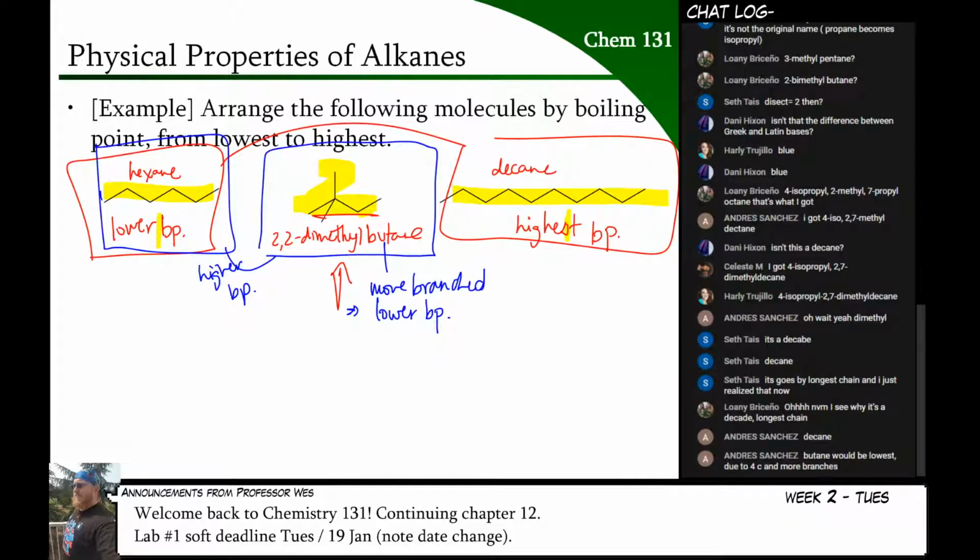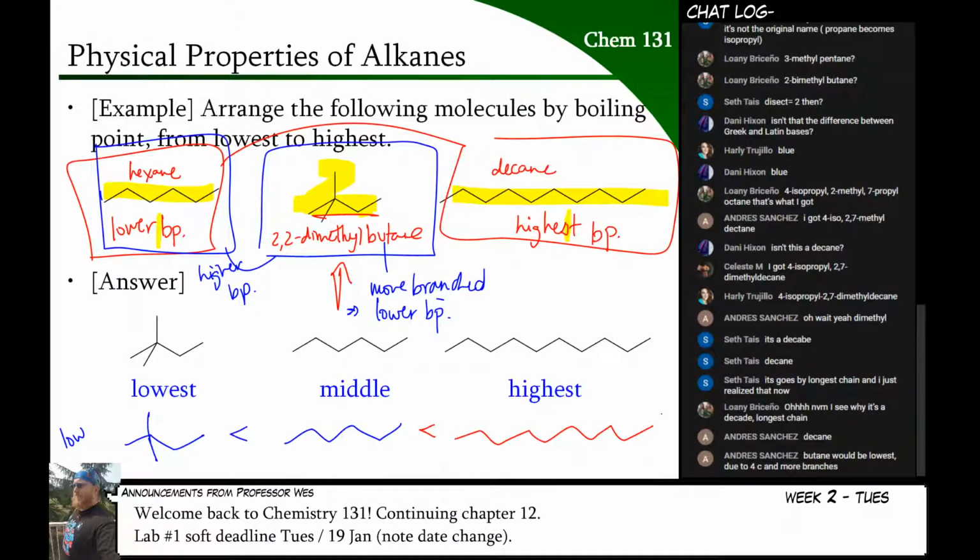So once you've got that, now you can arrange them from lowest to highest. Of the blue pair, this one's the lowest, so we'll put it down there as the lowest. And then of the red pair, hexane has a lower boiling point than decane does. And let's see if that matches up, and it totally does. Look at that.